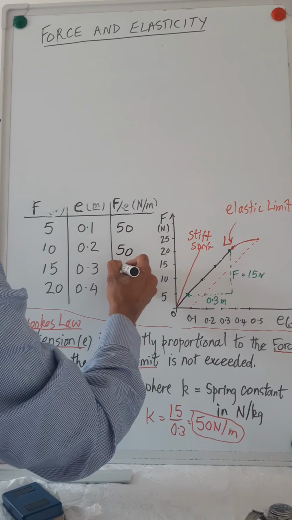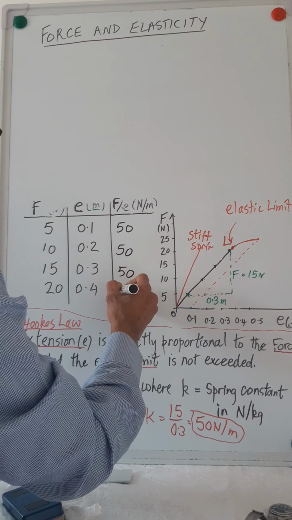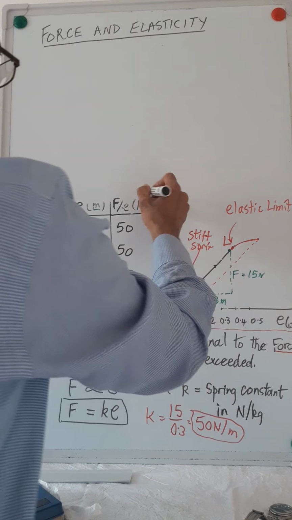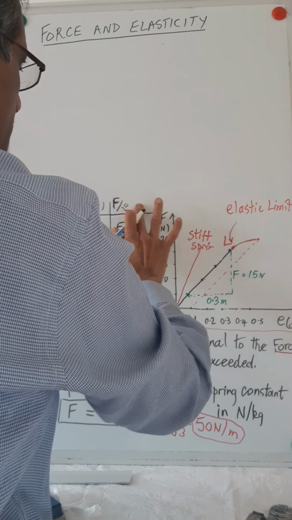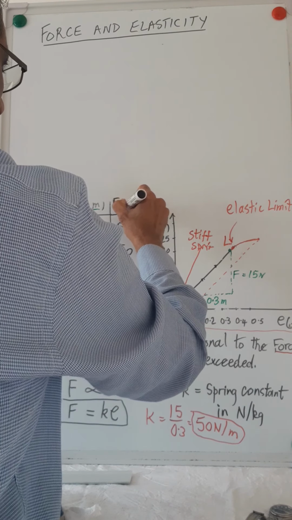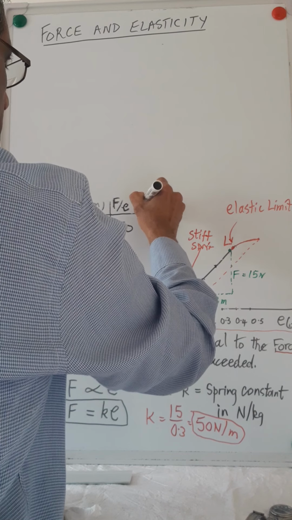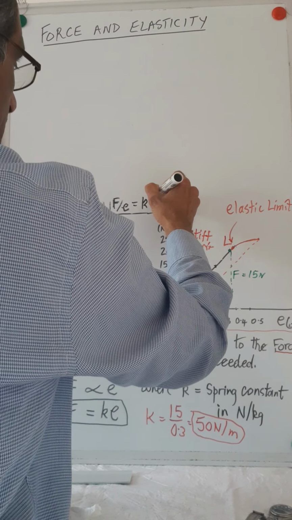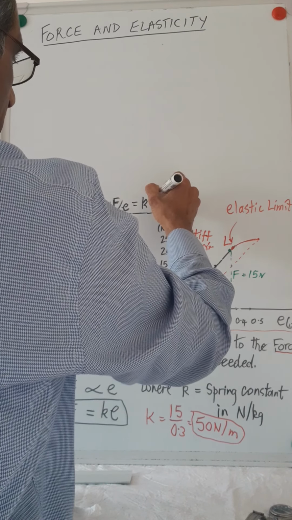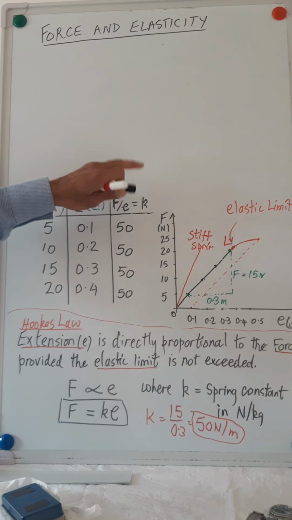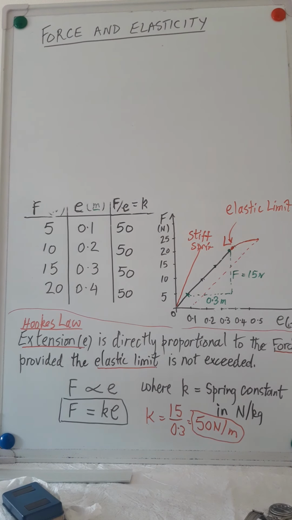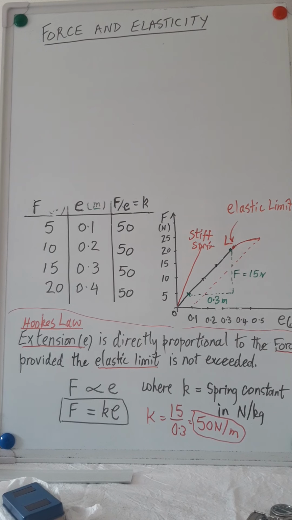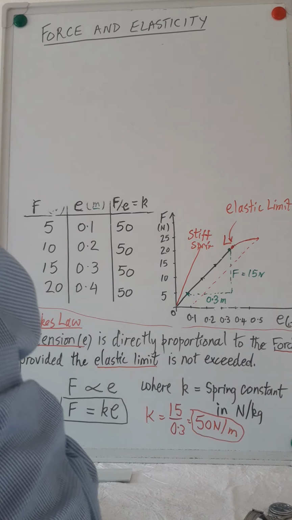So the answer here is constant, it is 50. So we say force divided by the extension equals a constant, and this is that constant that we worked out by the gradient.